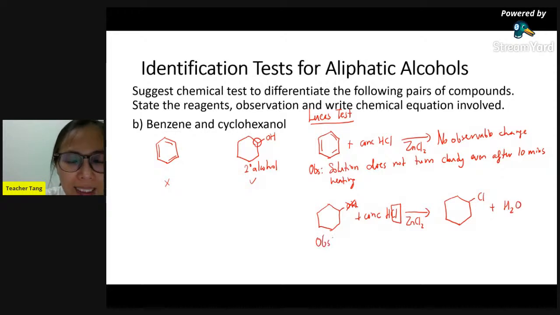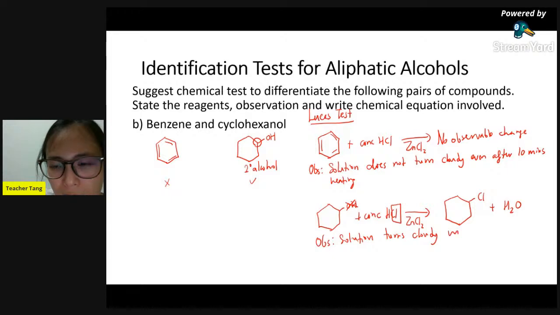So what is the observation? So this is secondary alcohol. So reaction tak begitu cepat, tapi ada reaction. So remember, solution turns cloudy within 5 to 10 minutes. Okay, so that is Lucas test.